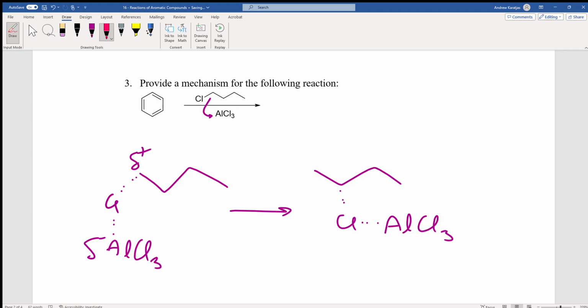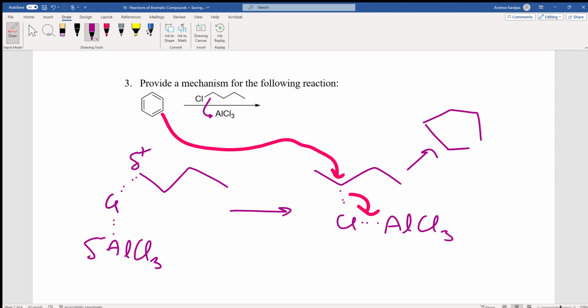Once we do that, our aromatic ring can attack, causing that bond to completely break. And then the AlCl4 will remove the hydrogen to regain aromaticity.